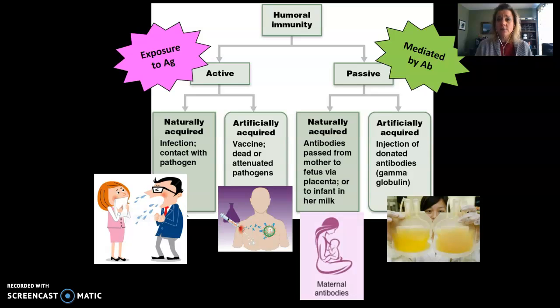If you have artificially acquired passive immunity, it means that somebody has donated blood and their serum has been separated from the formed elements of that blood, and that serum contains antibodies.